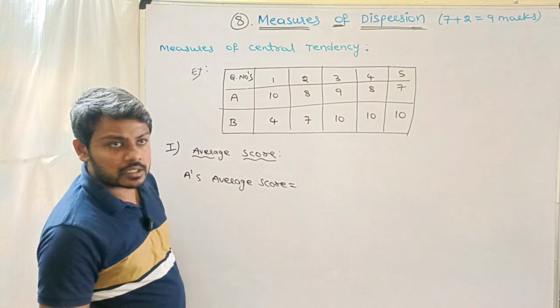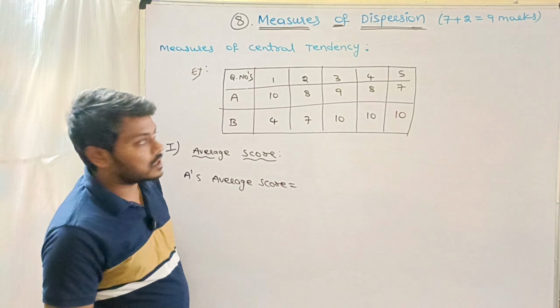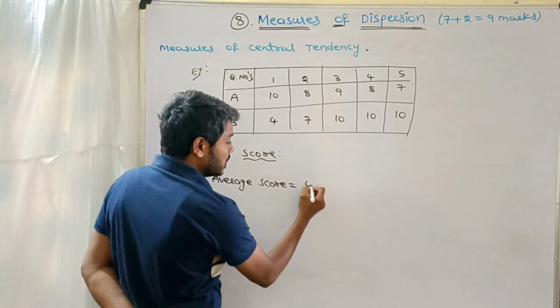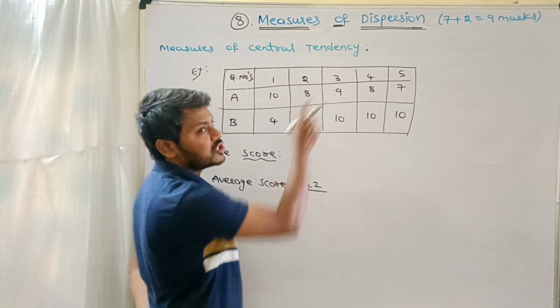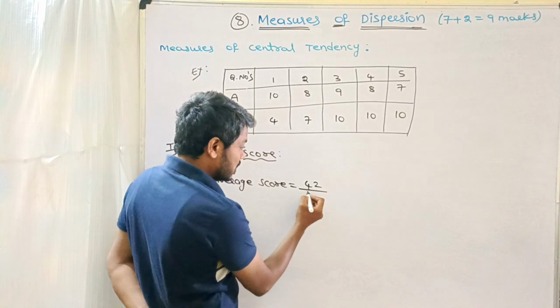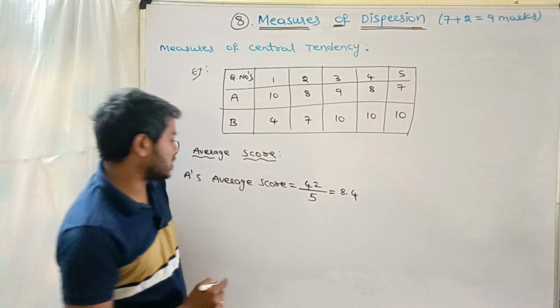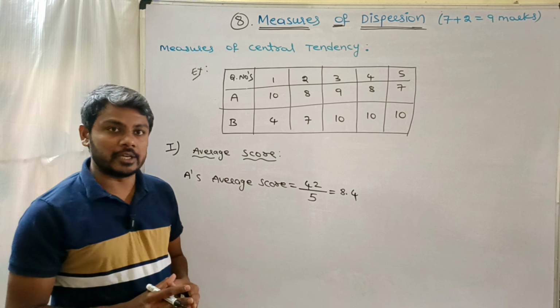Average score means add all the scores, that is 10 plus 8, 18 plus 9, 27 plus 8, 35 plus 7, 42. Which is divided by the total number of questions, 5. So 42 divided by 5 gives 8.4. So this is the average score of A.